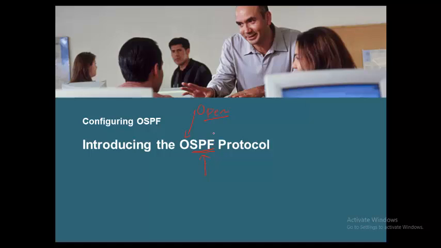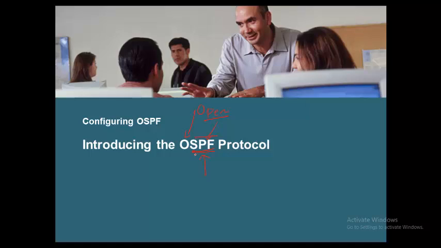It's an open standard routing protocol that uses the shortest path first algorithm, which is also an open standard algorithm. Though the designer of this algorithm is a man called Dijkstra, he has given this as an open standard algorithm.